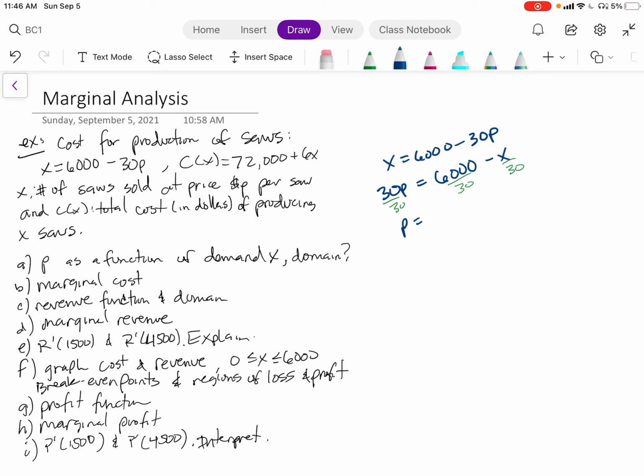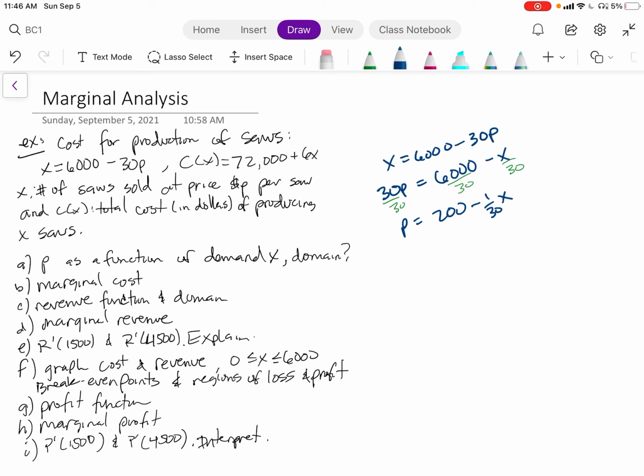So we get 200 minus x over 30, or sometimes we prefer to write it as 200 minus 1/30th x. Either way. All right, now what is the domain? Let's see.